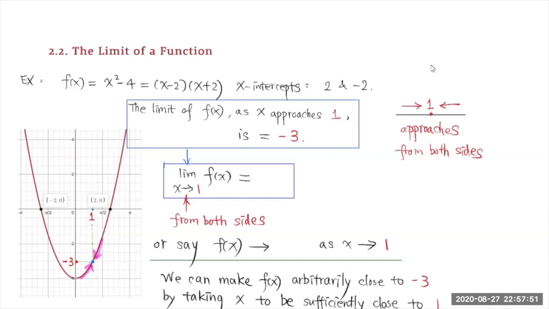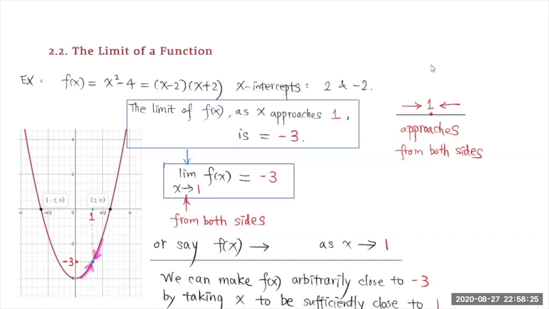Another way to express this is to use this notation. LIM here stands for limit. So the limit of f of x as x approaches 1 from both sides is equal to negative 3. Now notice that when you say approaching 1 over here, you actually indicate that it's approaching 1 from both sides.